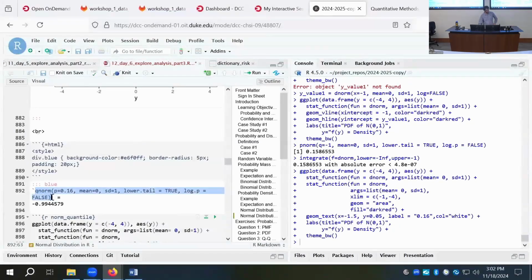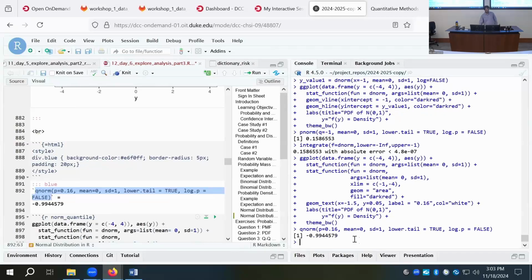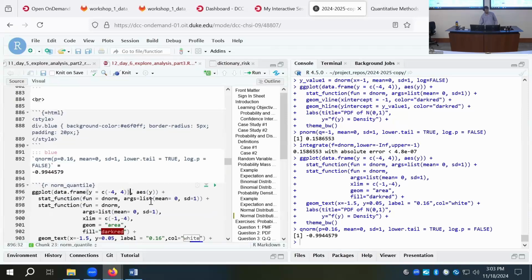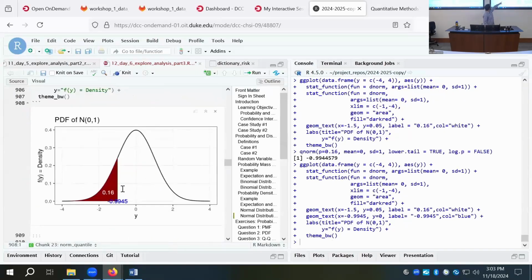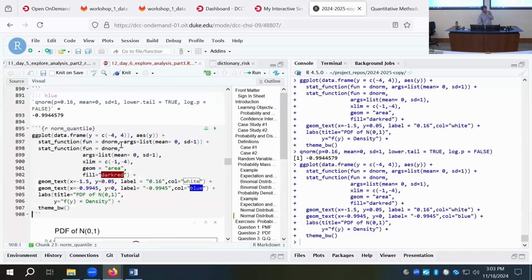So qnorm will give us the value on the x-axis that gives us that probability. If we wanted to know, at the height of 0.16, it'll tell us that happens at x equal to -0.9944579. So this is saying, where is that red line, besides -0.9945? So it's not exact.